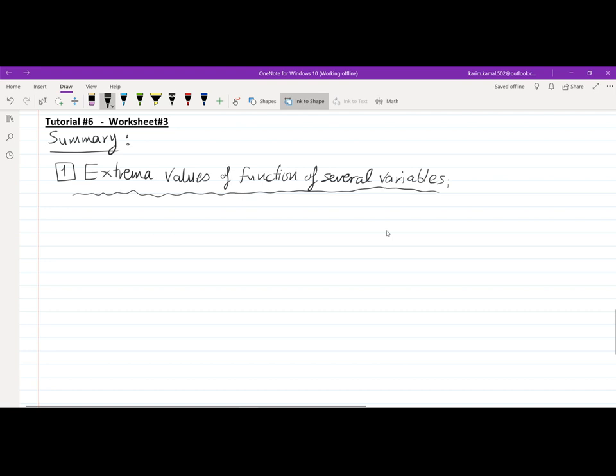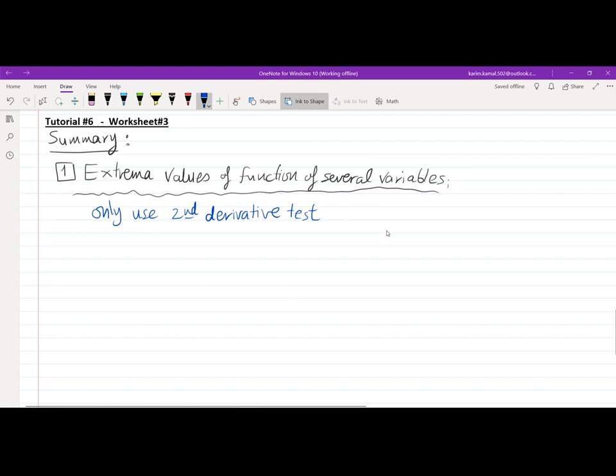We will only use the second derivative test, like what we have for Math 103 in semester 1.